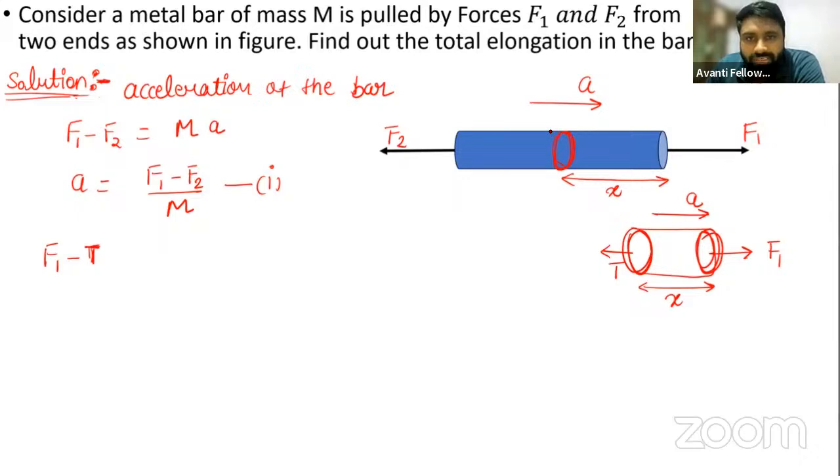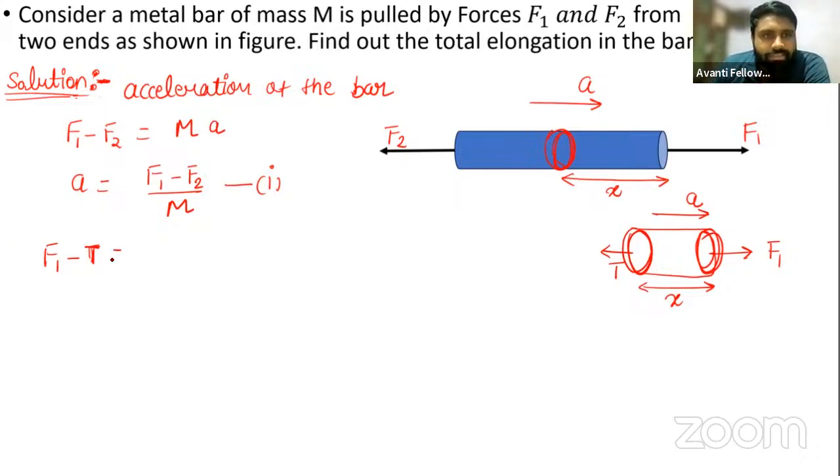So that we can consider a section of length dx and find out the elongation, because on dx there is also the tension T. So we first find out the tension, then we take an elemental length and assume its elongation would be dl, and then we integrate it for the entire length. Got it?